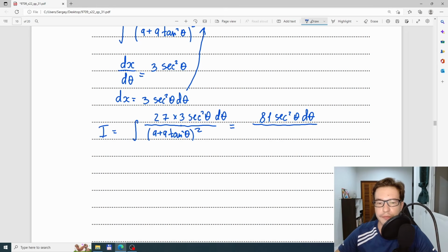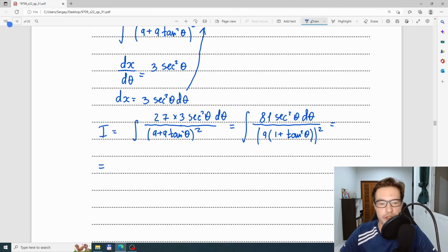Now at the bottom, I will factorize. Take 9 outside and get 1 plus tangent squared theta, and then squared.